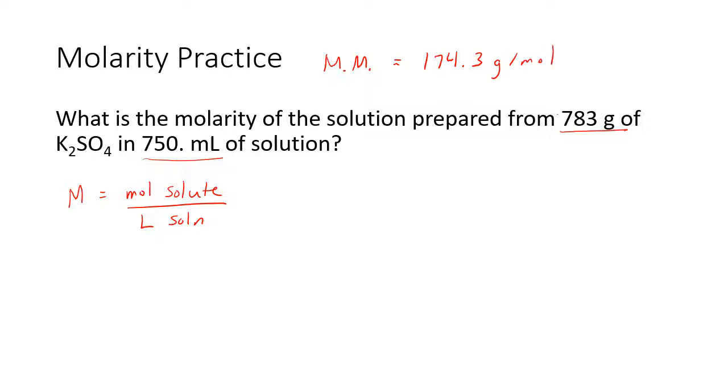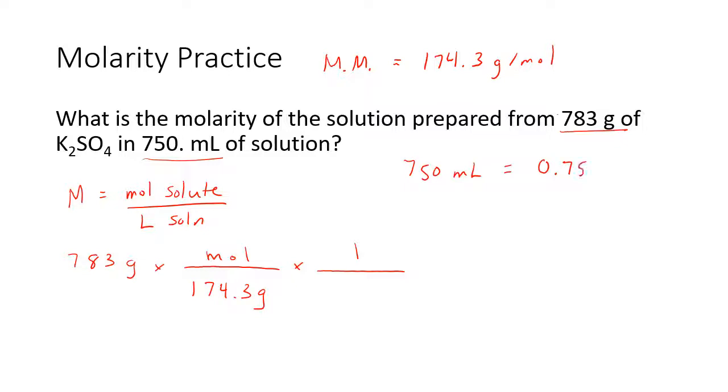Starting with our grams of solute, 783 grams, we're going to divide by our molar mass, 174.3 grams in 1 mole. That gives us our moles in the numerator, and now we need to simply divide by our volume in liters. 750 milliliters is equal to 0.750 liters.